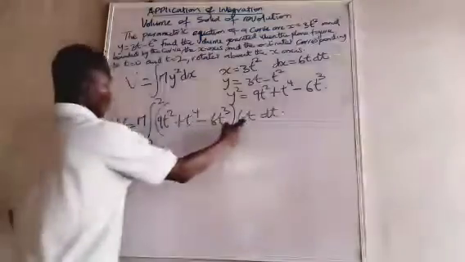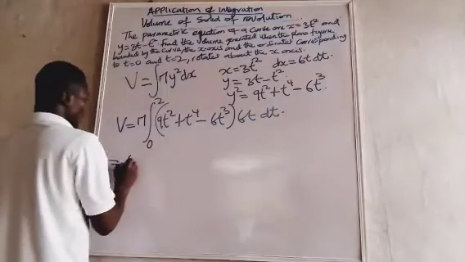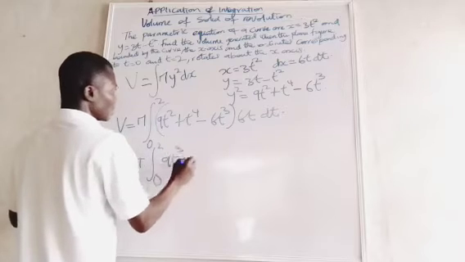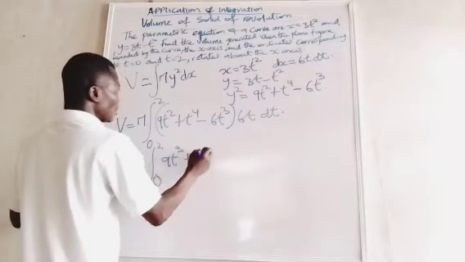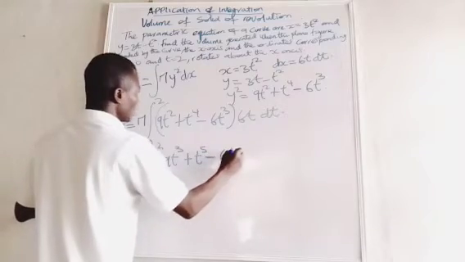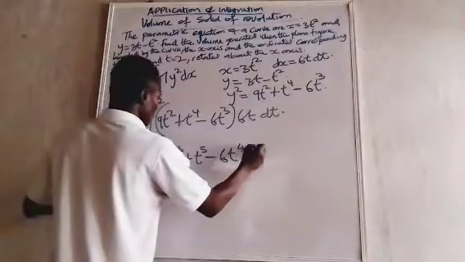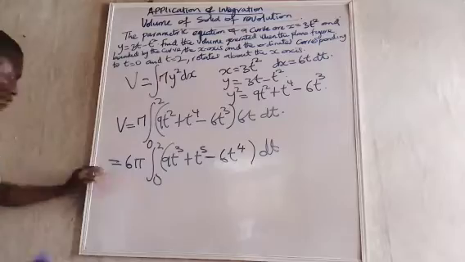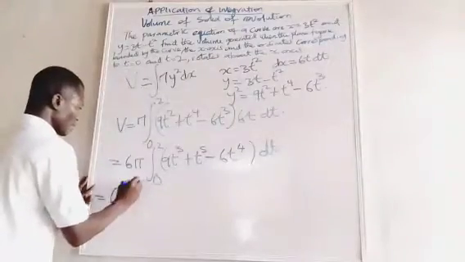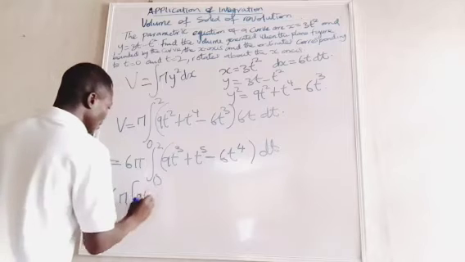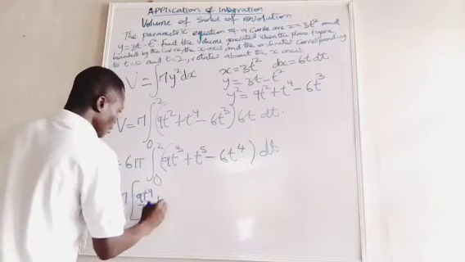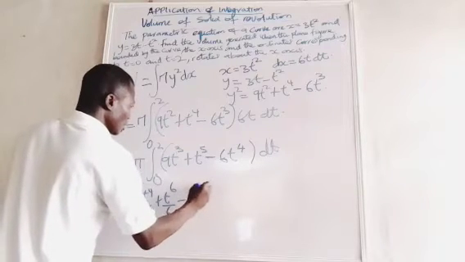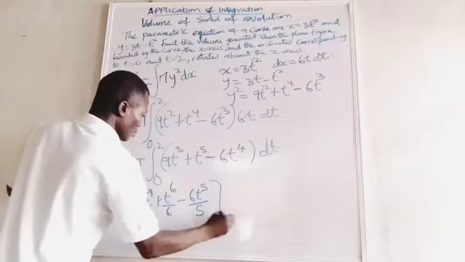So when we bring this, I can make it like 6 pi times the integral of 9t to the power 3 plus t to the power 5 minus 6t to the power 4 dt. You see, I brought this outside here. So it's going to give me 6 pi into 9t to the power 4 over 4 plus t to the power 6 over 6 minus 6t to the power 5 over 5, from 0 to 2.